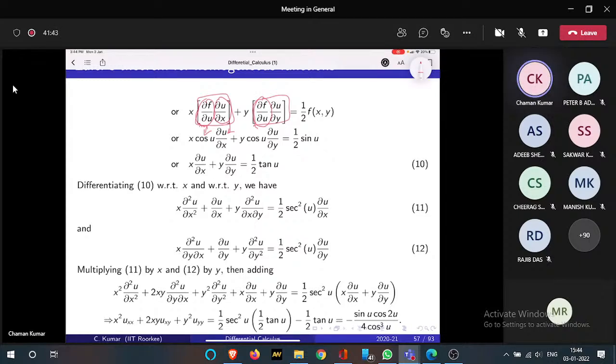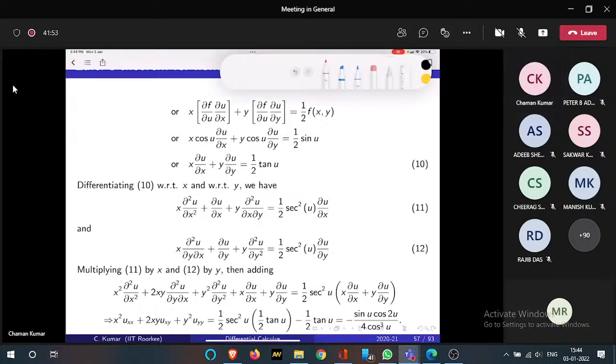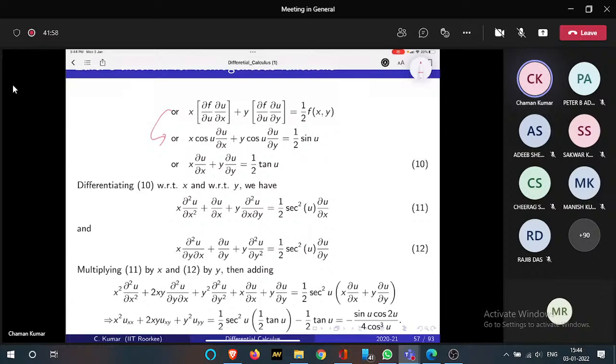So this will be equal to cos u times del u by del x. From here to here we use this derivative of f, and then we can take this cos u to the right side. So we get tan of u. So we get this relationship, equation 10.